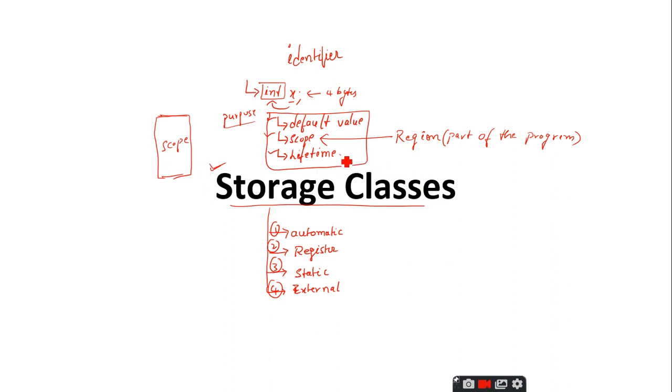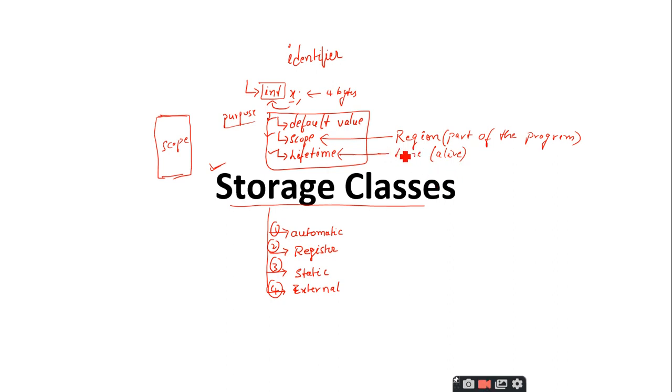In the same lines, the lifetime of the variable. The lifetime specifies the time over which you can access the variable or the value of the variable, or you can also say up to what time the variable is alive.